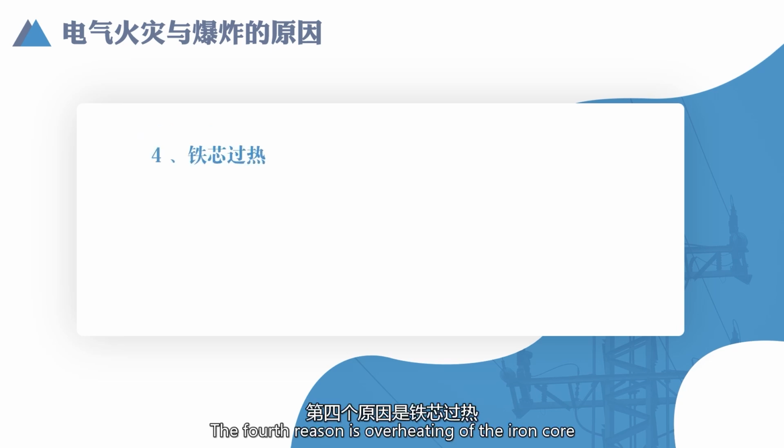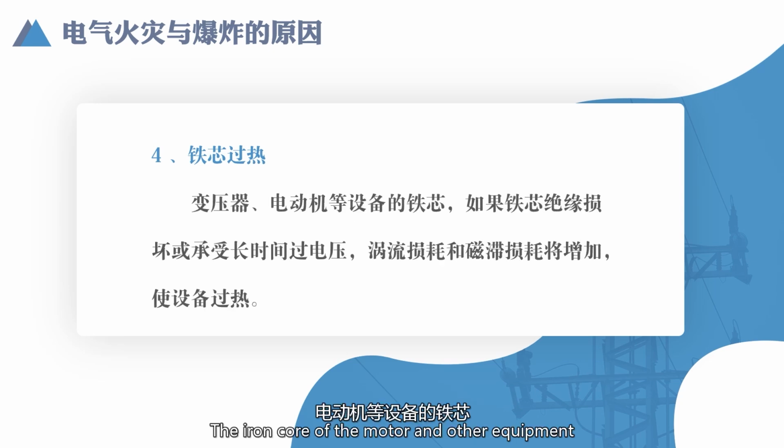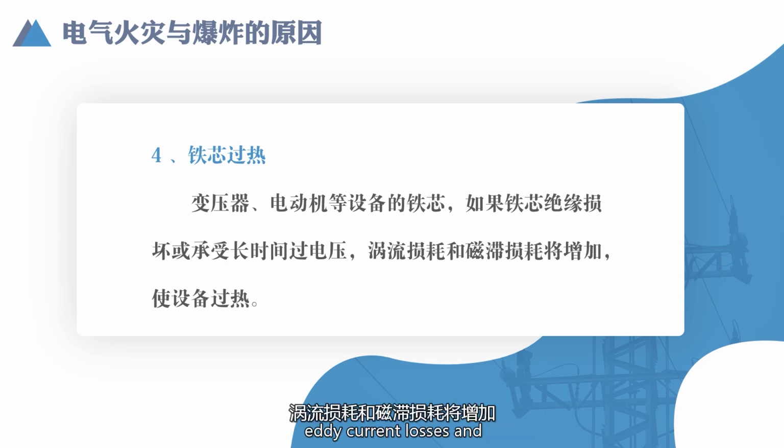The fourth reason is overheating of the iron core of transformers, motors and other equipment. If the core insulation is damaged or under overvoltage for a long period of time, eddy current losses and hysteresis losses will increase, causing overheating of the equipment.